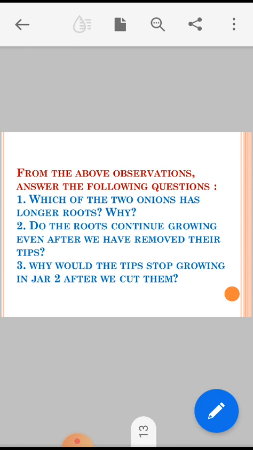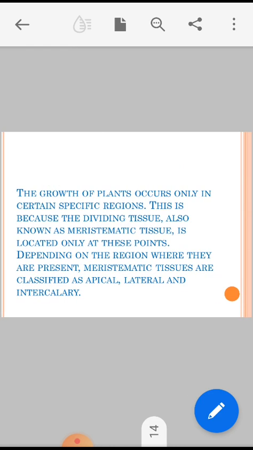Now see, here you have almost got the answer, but only if you listen carefully and if you have done the activity nicely. So you have to give the reason that after cutting the tips, why they have stopped growing in jar 2. Okay, now I'll tell you the reason.